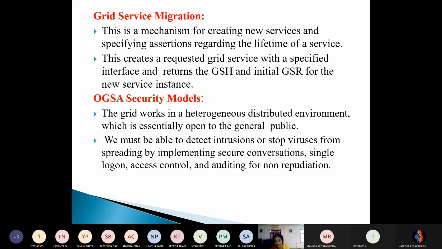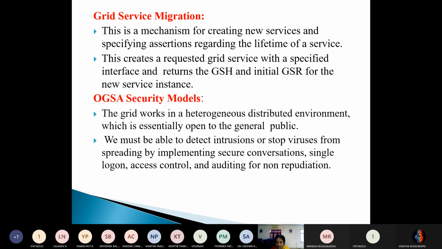So we must be able to detect intrusions or stop viruses from spreading by implementing secure conversations, single login, access control, and auditing for replications. So these are the security models of the OGSA.